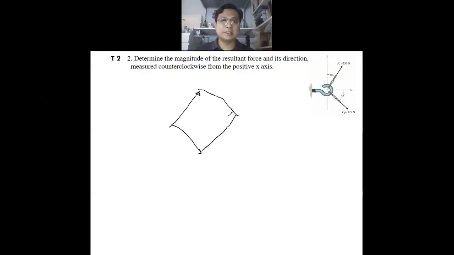So the resultant will be the resultant. Because this one reflects to the y, and then this one reflects to the x, like this, around 45 degree.